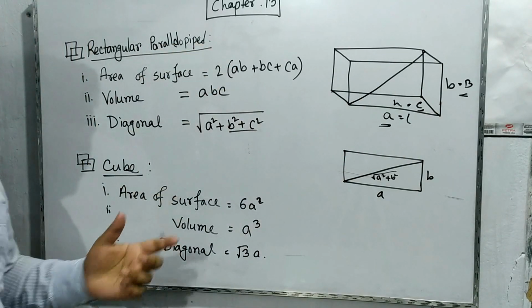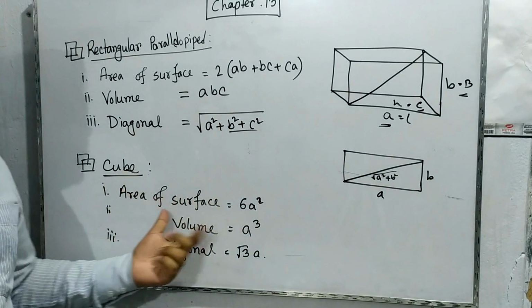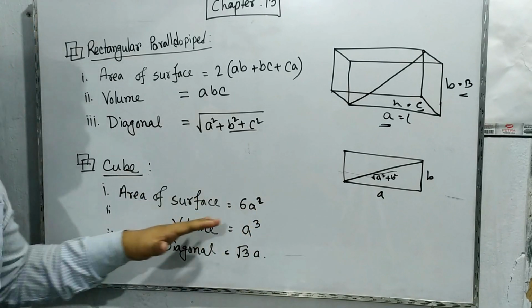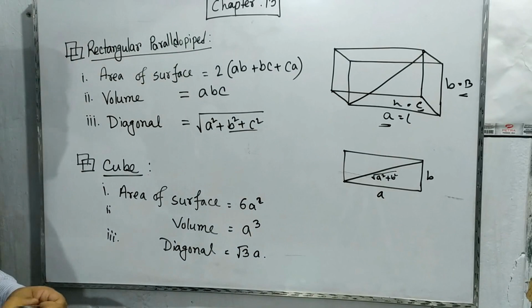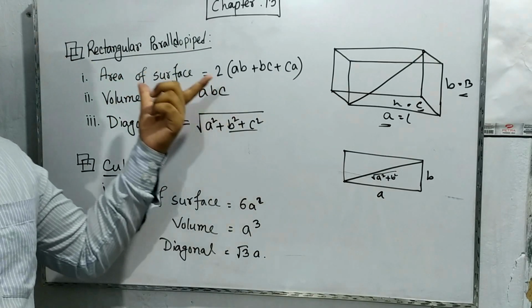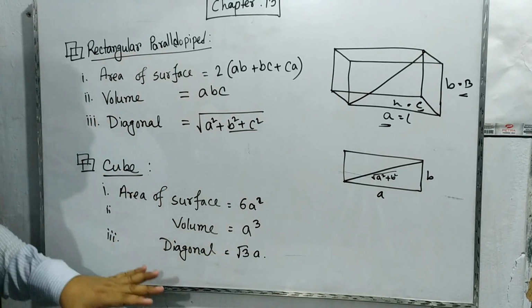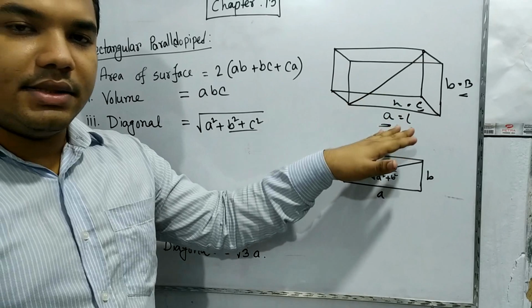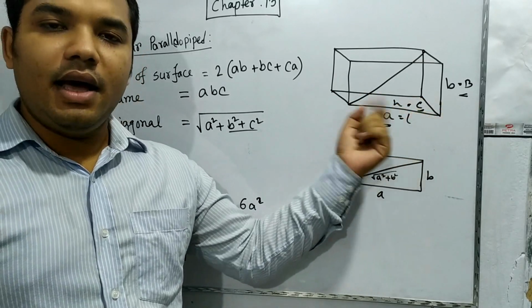And now we are talking about the cube. How can we find the area of the cube? We need to know the similarity between the cube and the rectangular solid. In this cube part, we are seeing the three components, that is length, breadth and height.